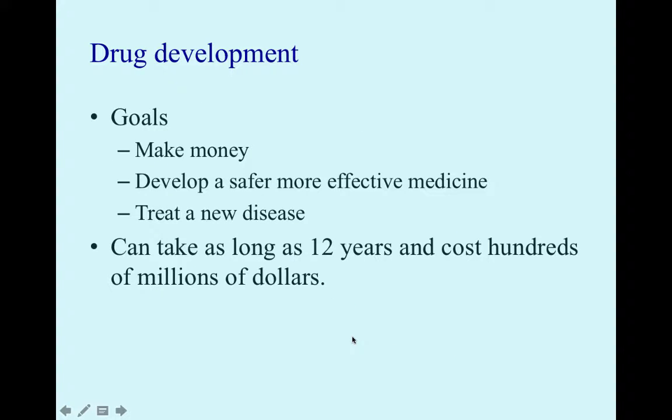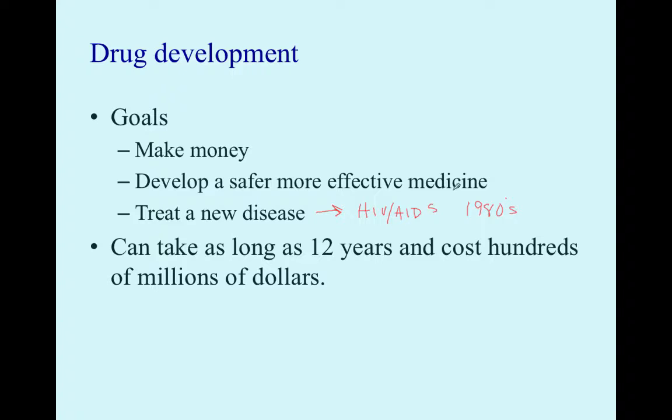So how do drugs get developed? Well, pharmaceutical companies are in it to make money. And some of the ways that they can make money is if they develop a safer, more effective medicine than a current medication or treatment that's on the market, or if there's a new disease that needs a treatment. An example of this is HIV/AIDS in the 1980s.